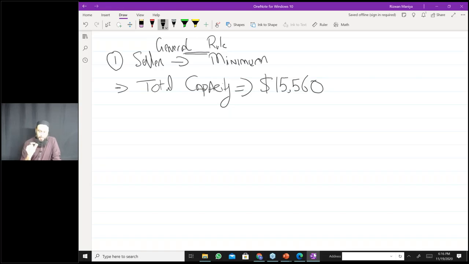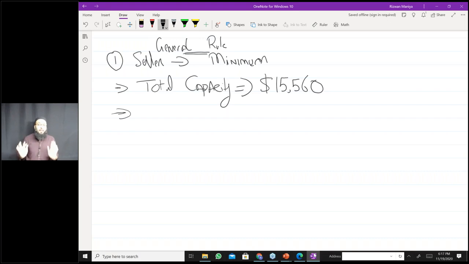15,560 is the total revenue that you are getting from 100% capacity. Agreed? Now, when you think about the seller's perspective, the first thing that you always have to think about is the total capacity, either in units, like in MOP company when you watch the video, or in value.